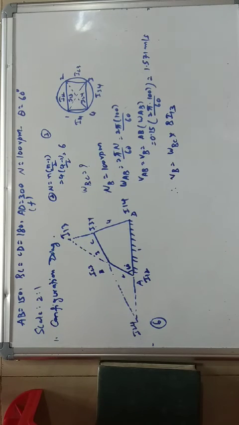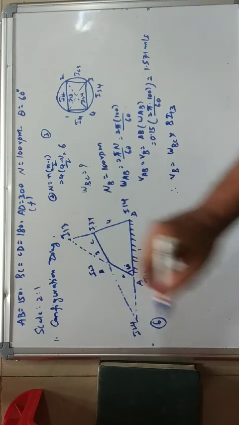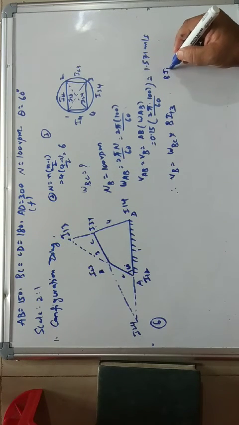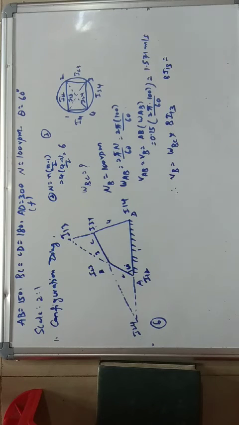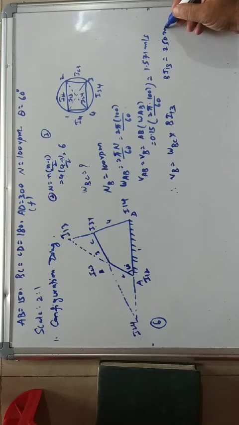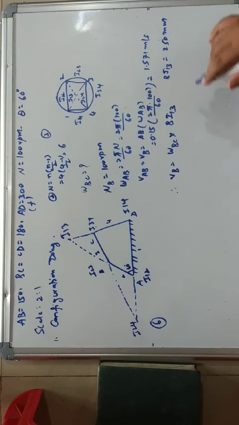If you measure the length B I13, it comes to 125 millimeters on the reduced scale. If you convert into actual scale, it will be 250 millimeters.